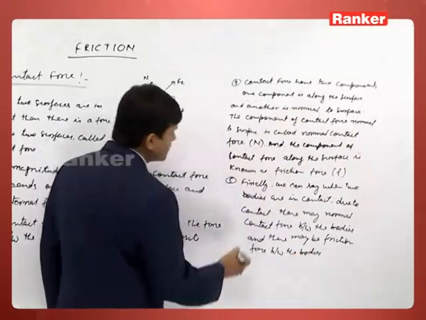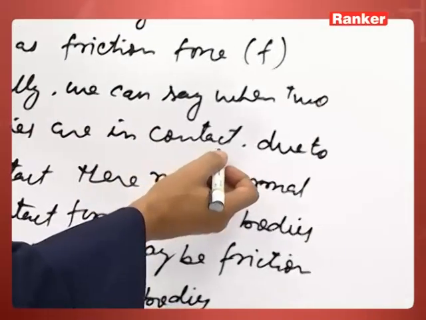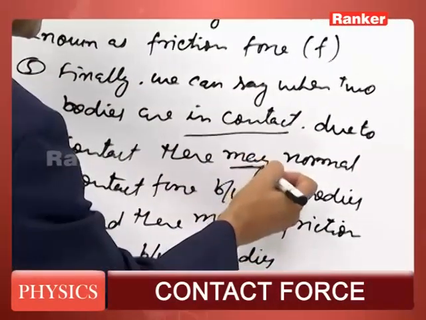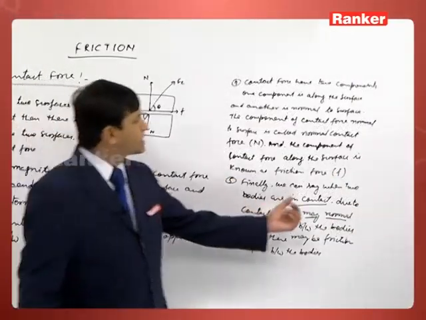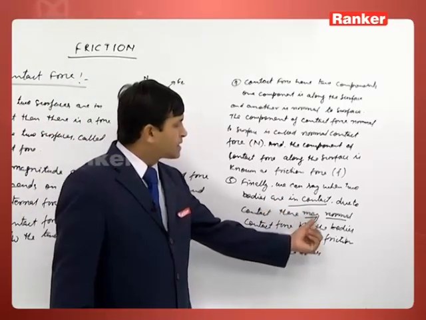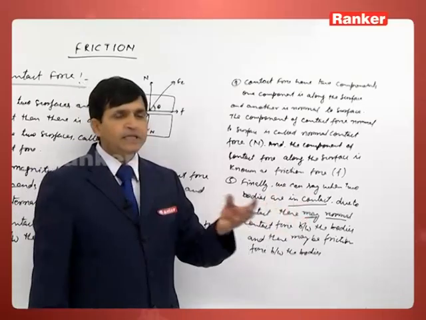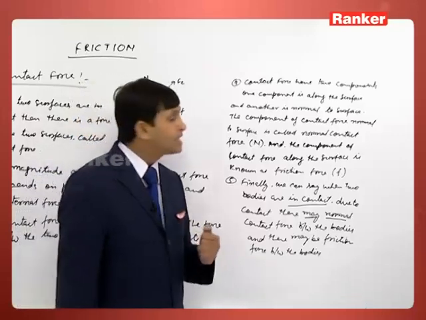The term "may be" is very, very important. It is not necessary that all the time when two bodies are in contact there will be a normal contact force. Sometimes it may be there, sometimes it may not, depending on other conditions.